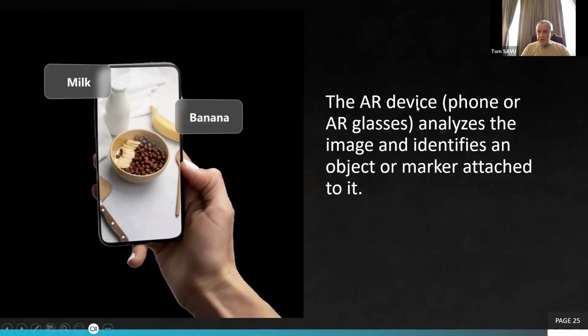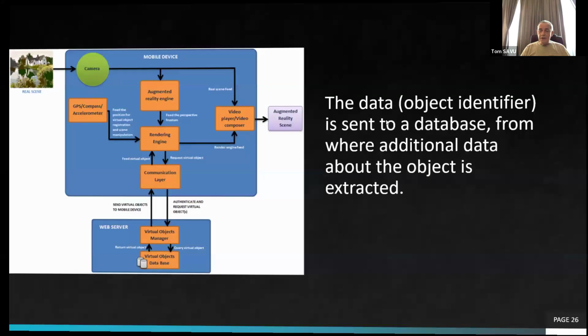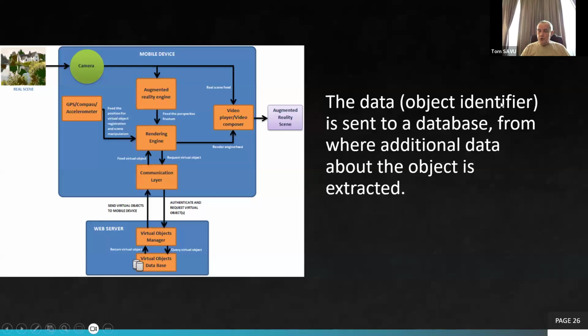So basically the device, which can be a phone or augmented reality glasses or a tablet, is taking the image, analyzing the image, identifying the objects in the image, and sending the information about the objects to a database, and from the database it is taking the data about the objects.